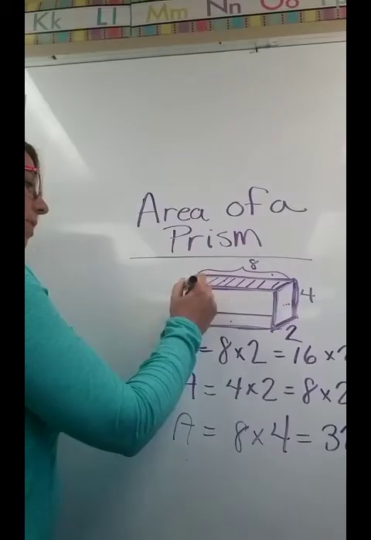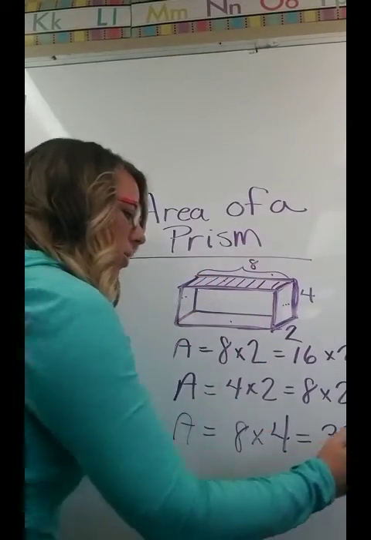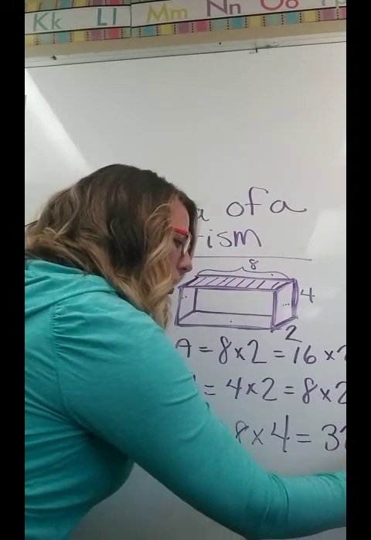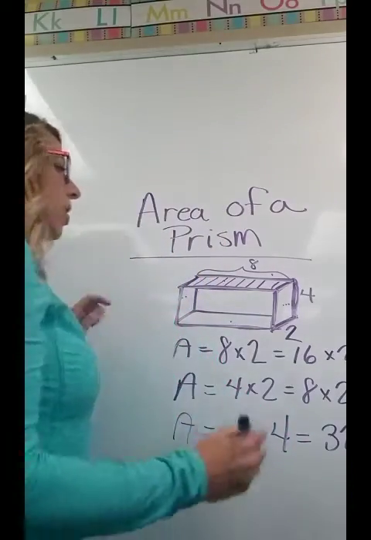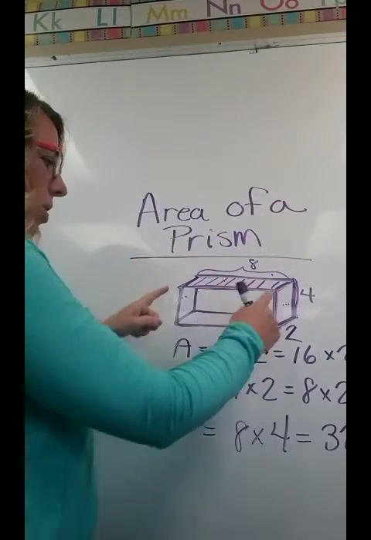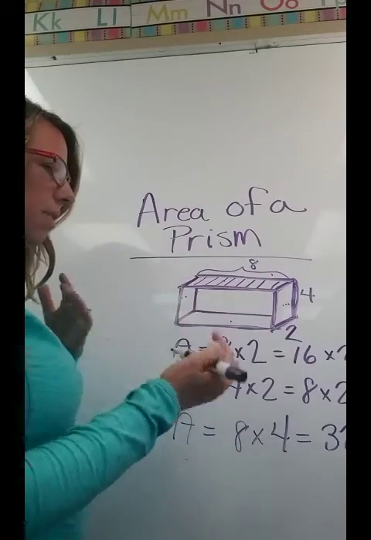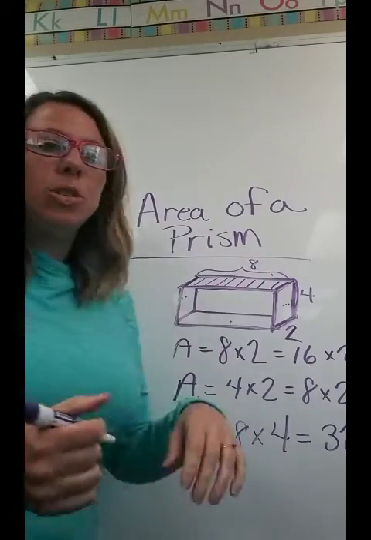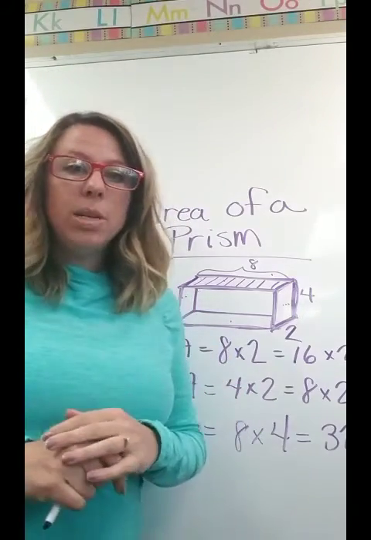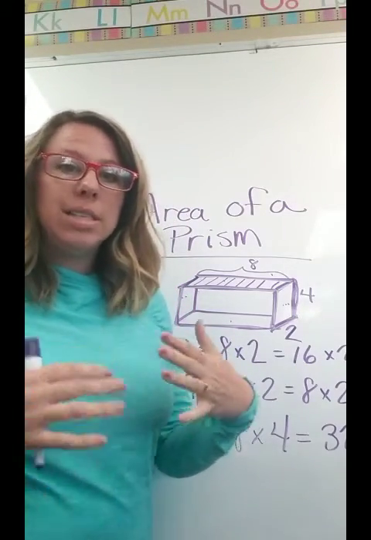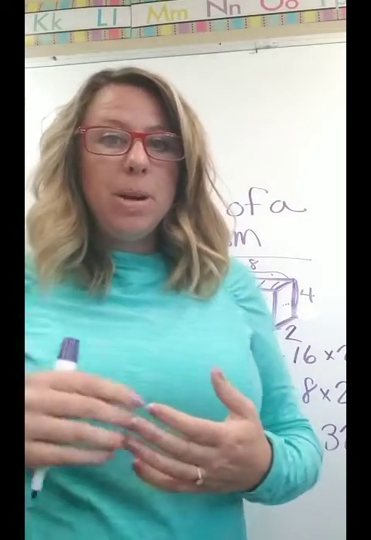And remember, if the front is 32, the back is also 32. So we're just going to multiply it times 2. And that will give you 64. So now you have the 2 tops, you have the 2 sides, and you have the front and the back. So you're just going to add those 3 numbers together. And you're going to get the surface area for all 6 faces of that prism.